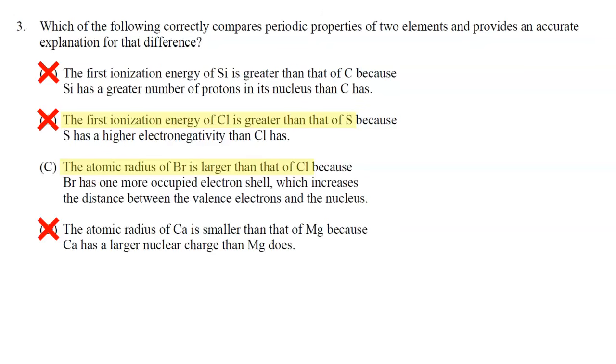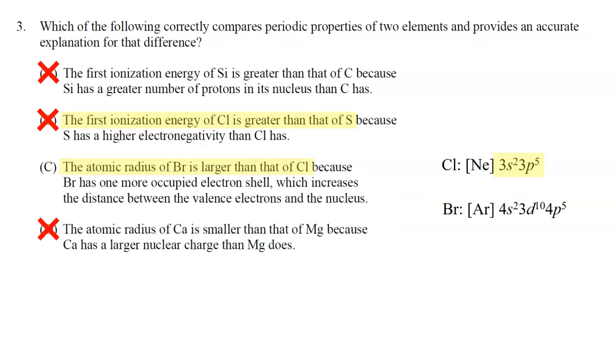Now let's take a look at the electron configurations of bromine and chlorine and see why this explanation is accurate. The electron configuration of chlorine would be neon, 3s2, 3p5. The electron configuration of bromine would be argon, 4s2, 3d10, 4p5. Let's focus on the electron shell.